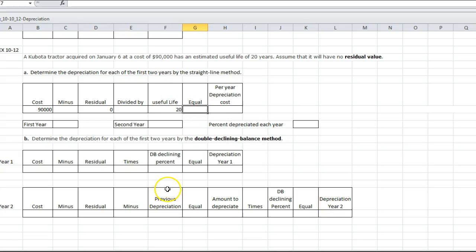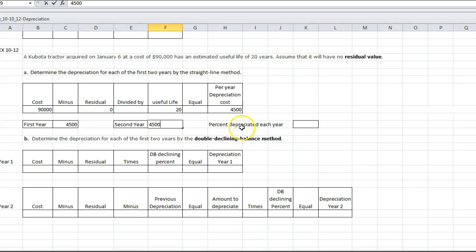And to get the depreciation, we divide 90,000 by 20 years and come up with 4,500 for each year's depreciation. So that means the first year depreciation expense is 4,500. Second year, 4,500. Never changes.